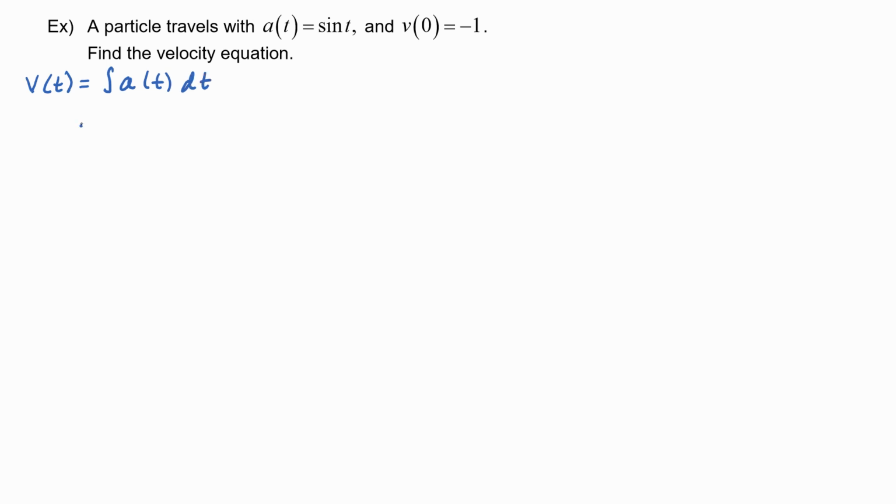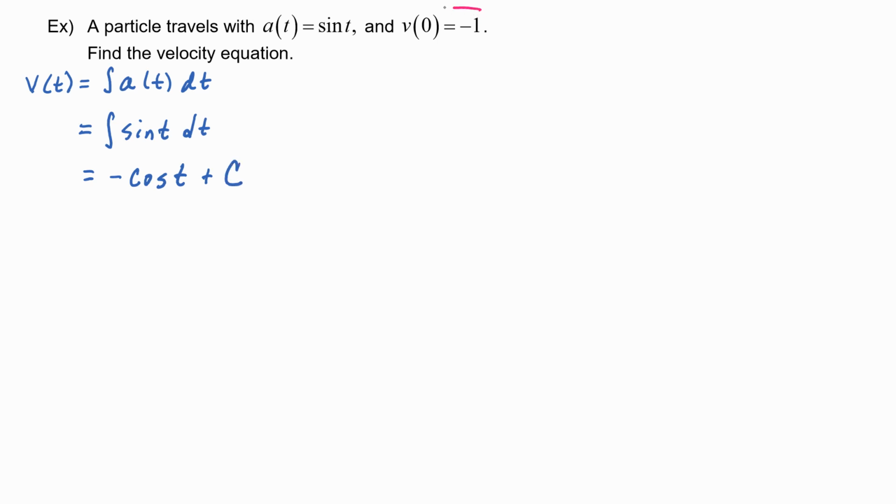So that means we will integrate sine of t dt, and the integral of sine t dt is going to be negative cosine t plus a constant.